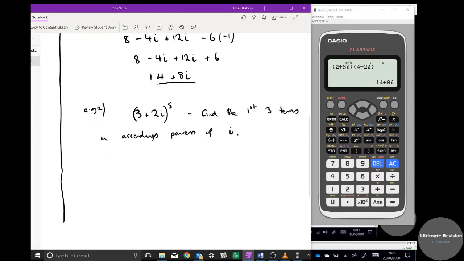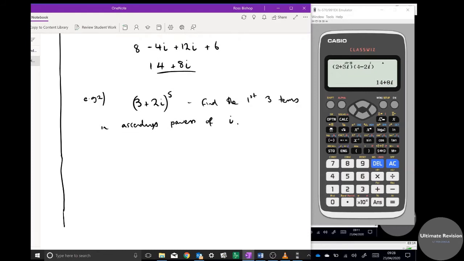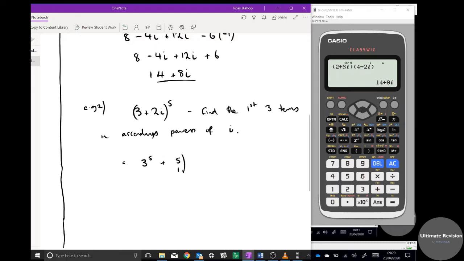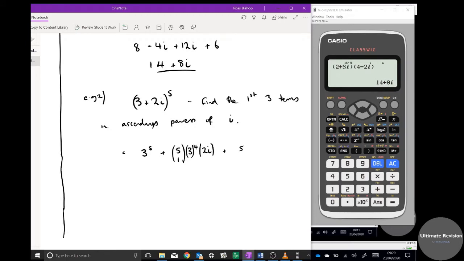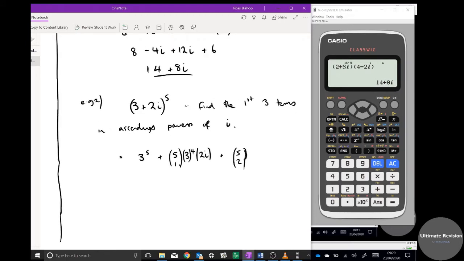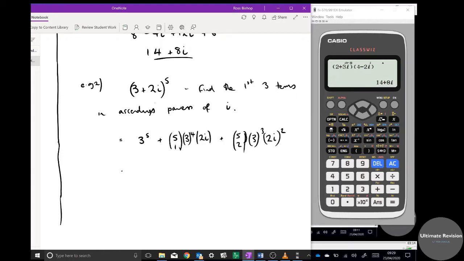Have a think about this, but this is basically a binomial expansion question to some extent. Your first term is 3 to the power of 5. The second term is going to be 5 choose 1, 3 to the power of 4, 2i. And then the third term, 5 choose 2, 3 to the power of 3, 2i squared. Let's just tidy that up a little bit.